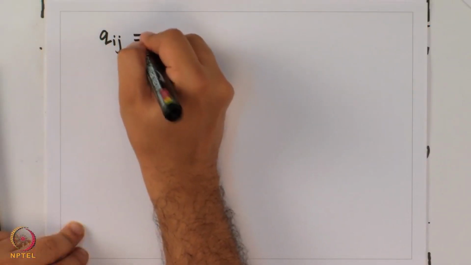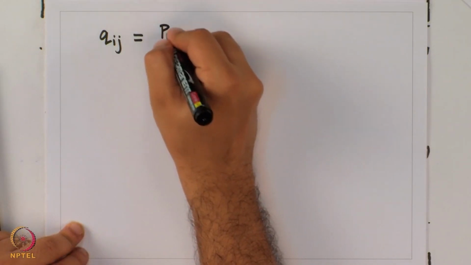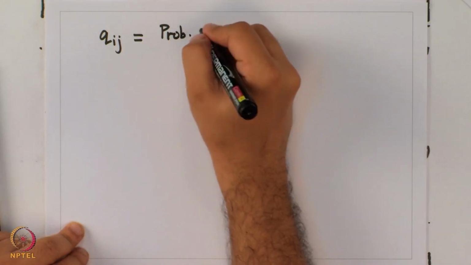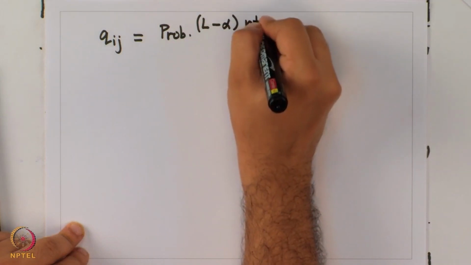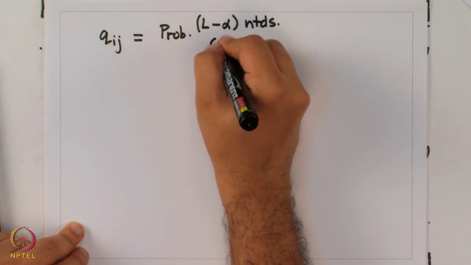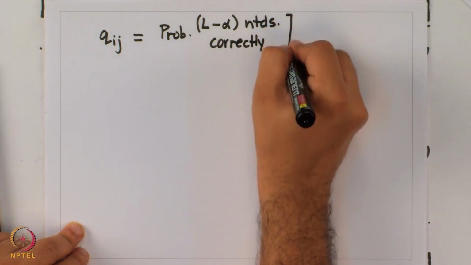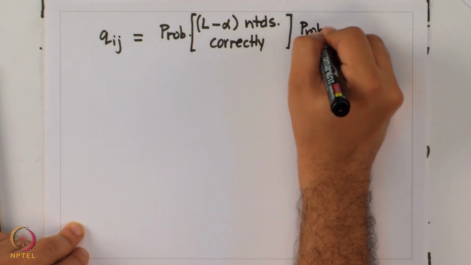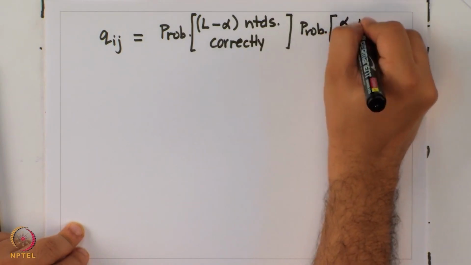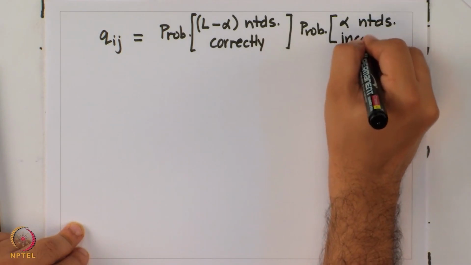Now, Qij, the probability that I upon replication gives sequence j, is the probability that L minus alpha nucleotides were copied correctly and the probability that alpha nucleotides were copied incorrectly.